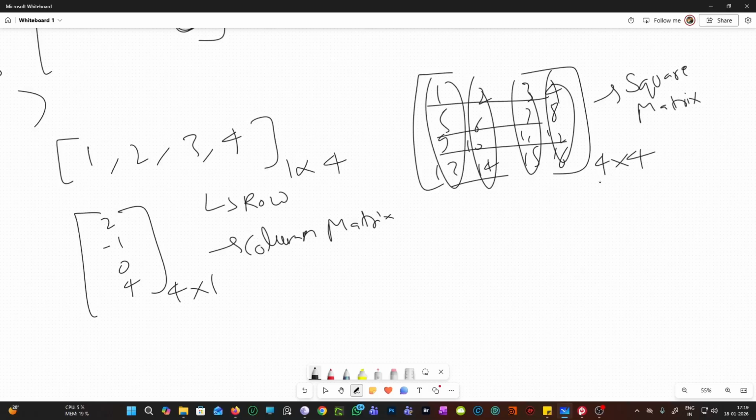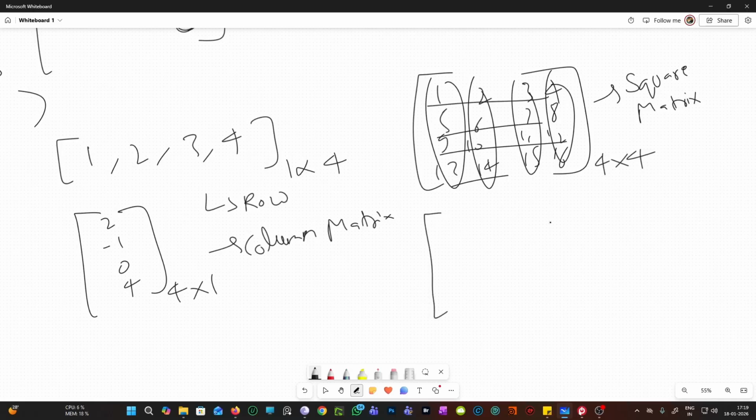Okay, so when the number of columns and number of rows are the same, then this type of matrix is called a square matrix. And in Houdini, we see this matrix a lot. I think as a beginner, you are going to use this type of matrix only. So remember it.